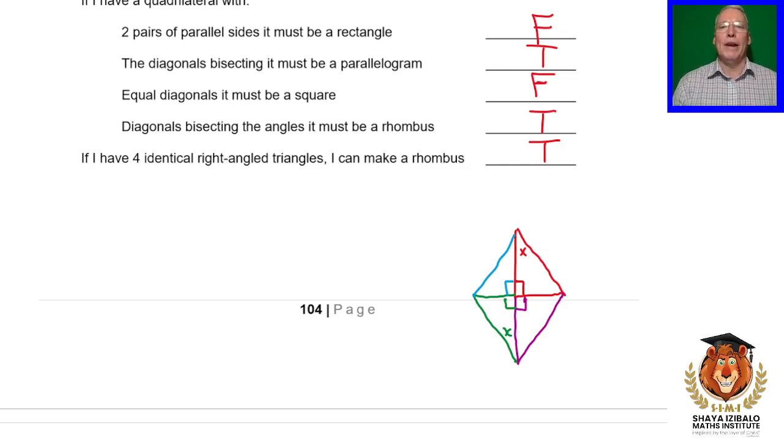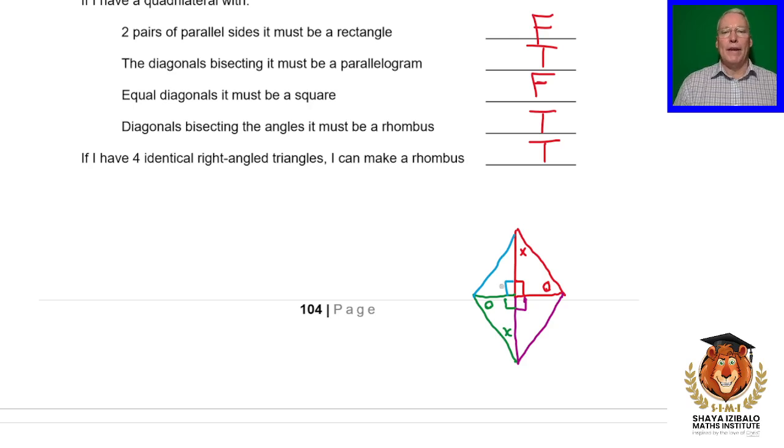And this angle over here, sorry, I don't want to put a cross on that one. I want to put a circle on that one. This little angle over here will be equal to this little angle over here.